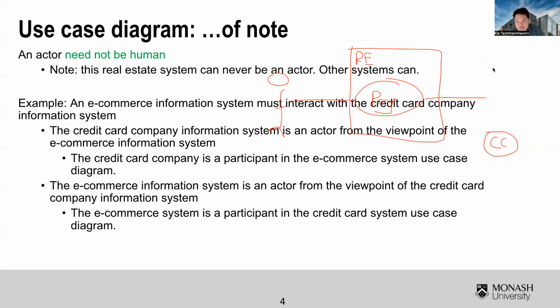I think from my point of view, because we consider it as an actor, we should draw it as an actor. Credit card company.